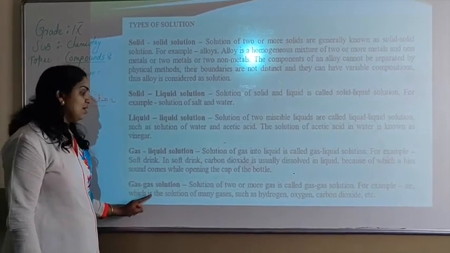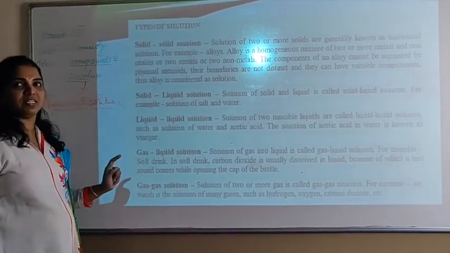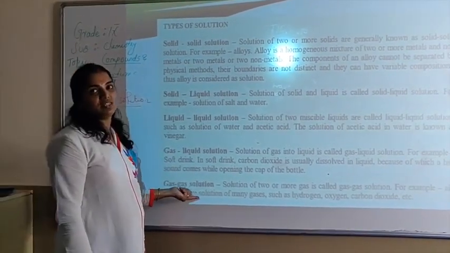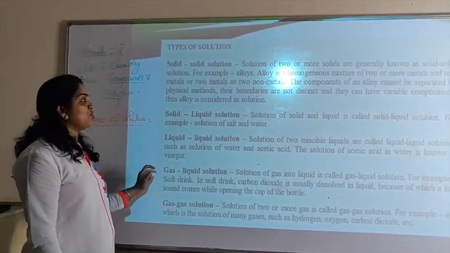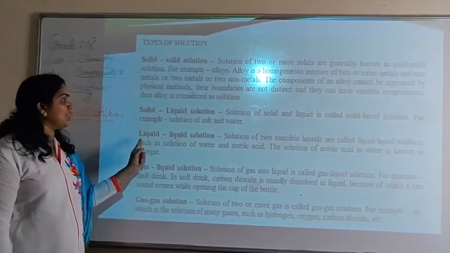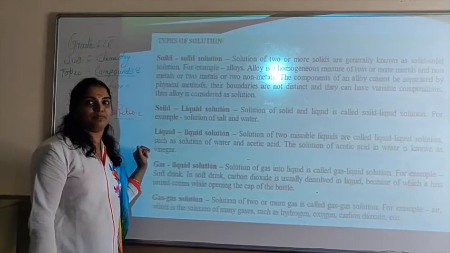For example, hydrogen, oxygen, carbon dioxide, nitrogen, many gases are present in the atmosphere. So air is an example for the gas solution. Let us watch one video about the types of solution which is describing solid, liquid and gas solutions.